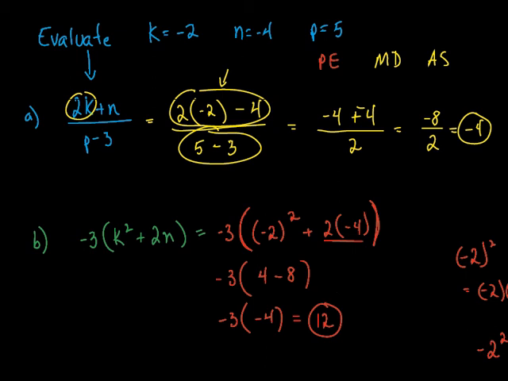We have one more to do for this lesson. It says to evaluate, this is the last one we're going to do. And here we go. Now this is just a straight bar up and down. This is not a parentheses.